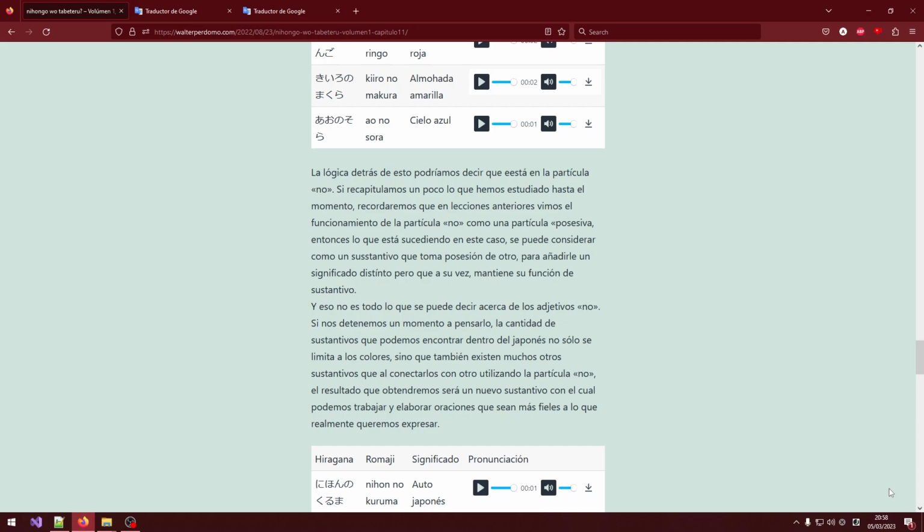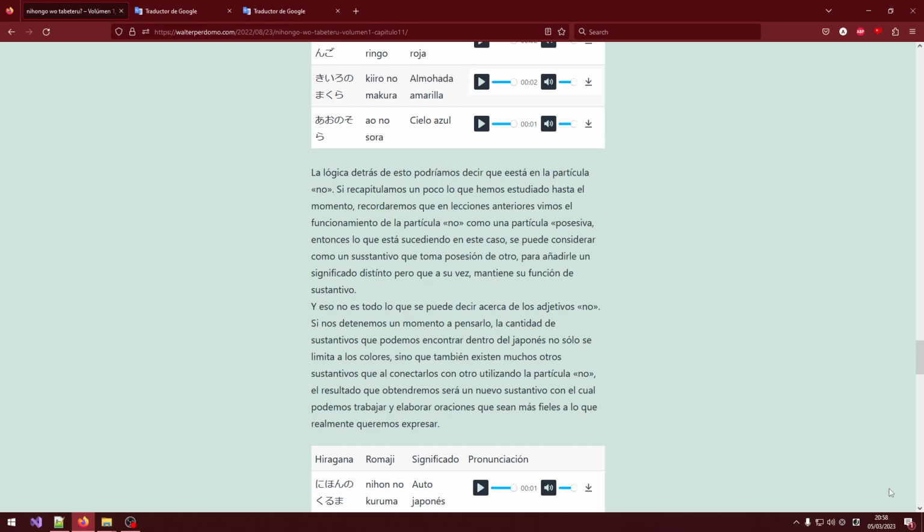Tabemono is food. Nihon, Japan, Japanese food. Actually, Japanese food is called Nihon ryori, but it's okay to say. I mean, no, it's not okay, but grammatically speaking it is correct. Nihon no tabemono.